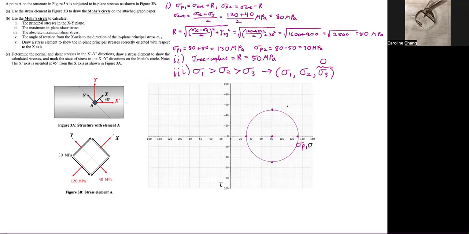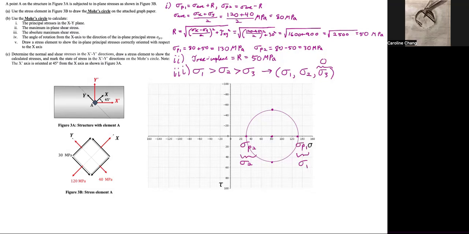So our principal stress 1 will be equal to sigma 1, and our principal stress 2 will be equal to our sigma 2, since sigma 2 is less than sigma 1, and our smallest value here is sigma 3, since sigma 3 is 0 in a two-dimensional problem.